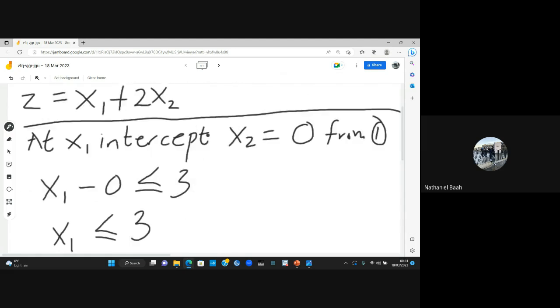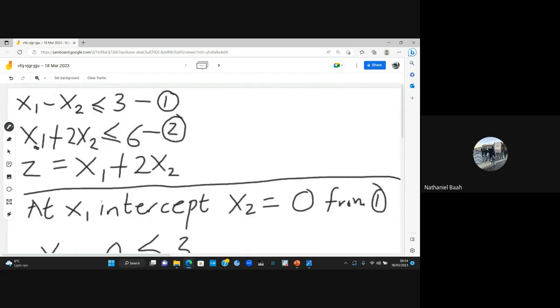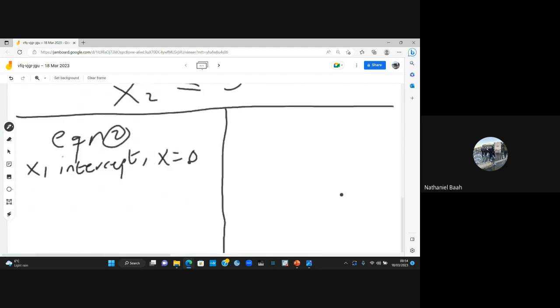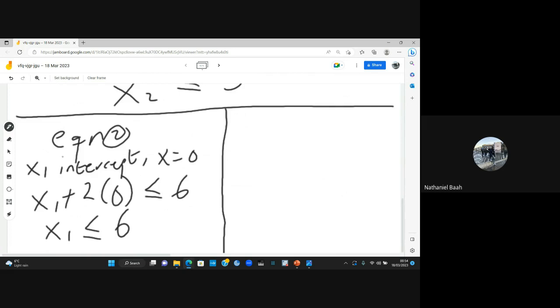So this is our equation 2. We're given x1 plus 2x2 less than or equal to 6. So when x2 is equal to 0, then we are going to get x1 plus 2 times 0 less than or equal to 6. So our x1 is less than or equal to 6. Good.